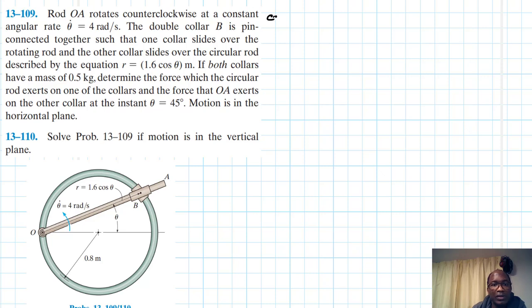So for case one, which is 13-109, for the first one, we found that the value of N was equal to 25.60 newtons, and it was in this direction like so, right?